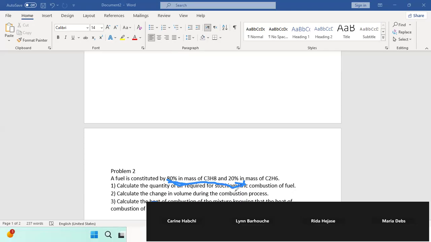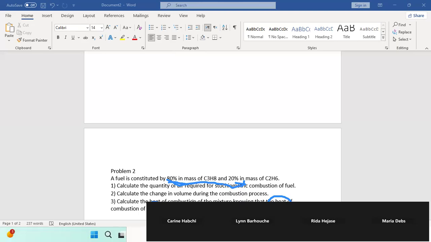And you add to it the heat that is released from combustion of C2H6, which is the mass of C2H6 present in this fuel, times the heat released. So you need to consider, in this case, percentages in mass, because the unit is megajoule per kilogram.